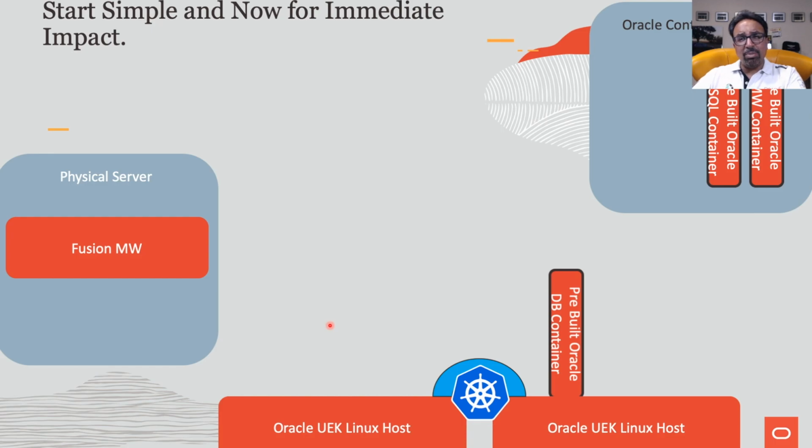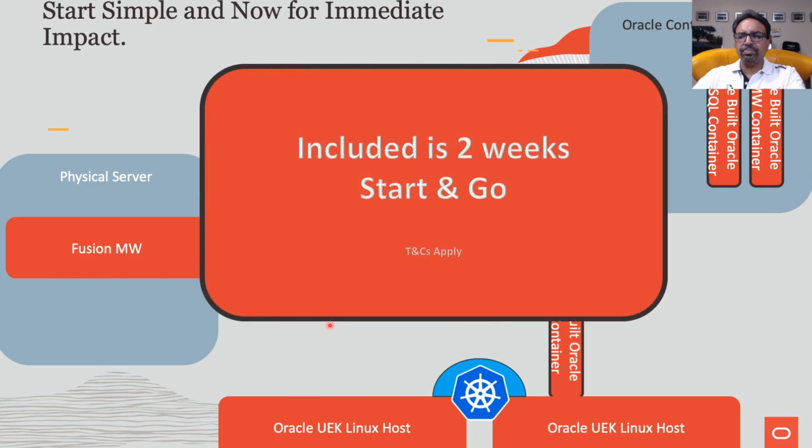Now, all this seems a little bit simple, but to help you, in the example I'm showing, which is a 1,000 server data center, which is not particularly large, we include 2 weeks of consultancy, or what we call start and go. To take the pain out of implementing this even further, as well as having the containers pre-built for your Kubernetes and for your database, we also send in a consultant for 2 weeks to set up this environment for you.